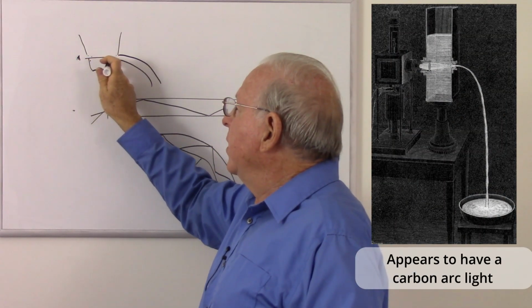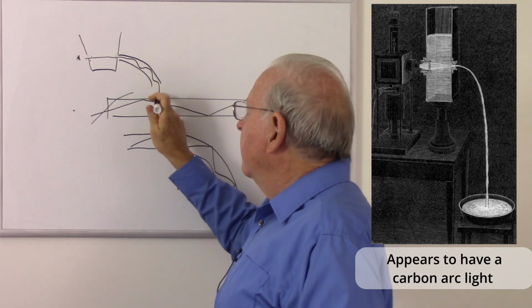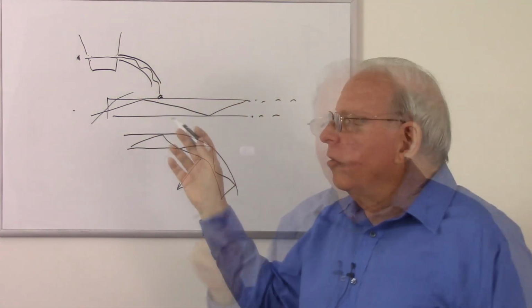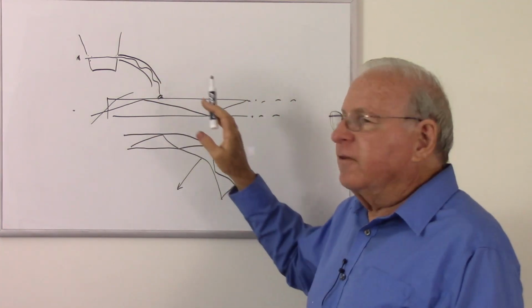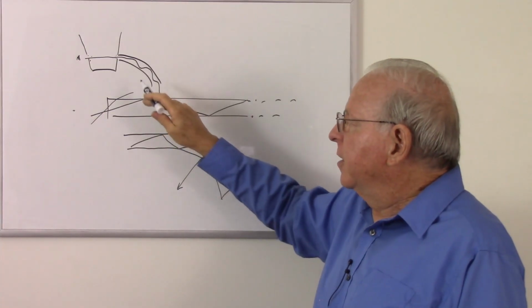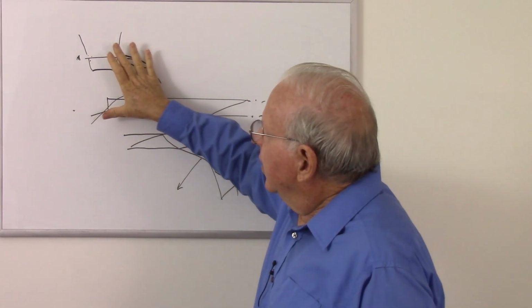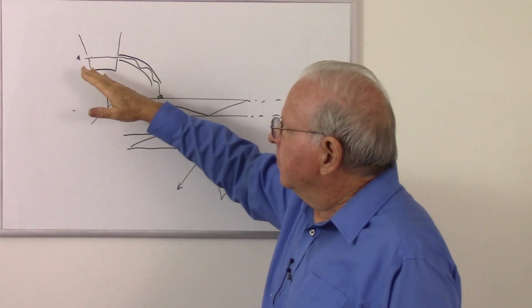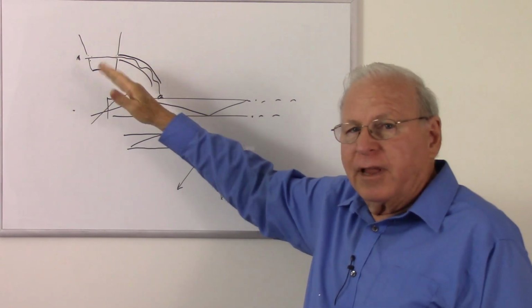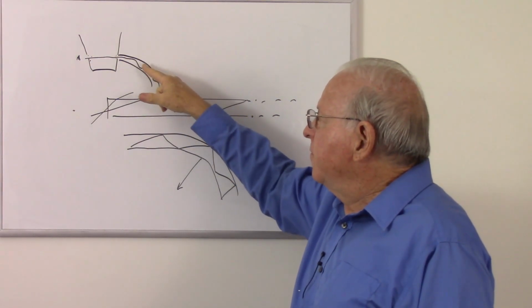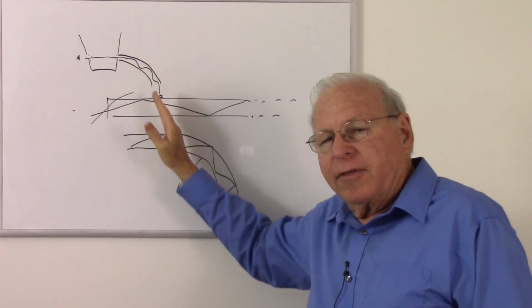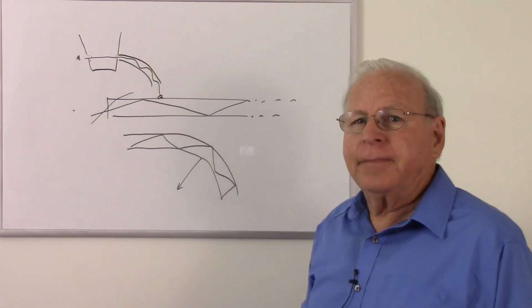But he got a light beam going in there, and it followed that water and splashed out. You can look on YouTube and you can see a number of videos of people repeating this experiment. And so that is one of the earliest experiments that showed the principle of fiber optics and total internal reflection, was how that light beam followed that curved path of the water coming out of that vessel.